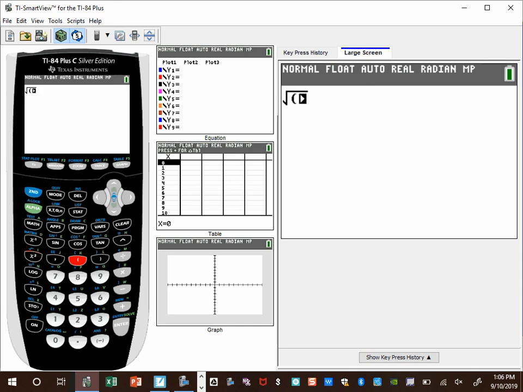So for letter B, you have 4 minus 12 parentheses squared plus parentheses. Oh wait, it's backwards. Sorry.